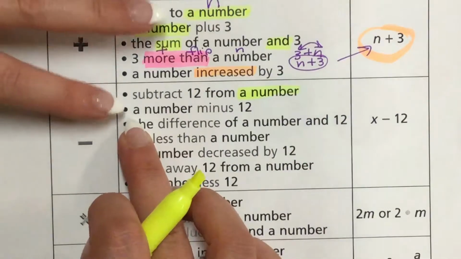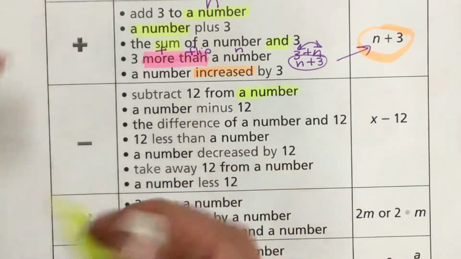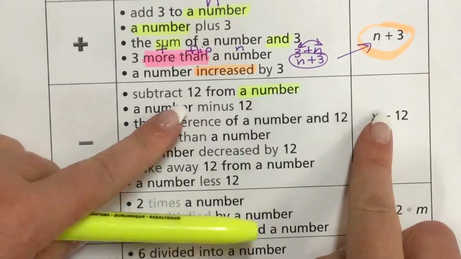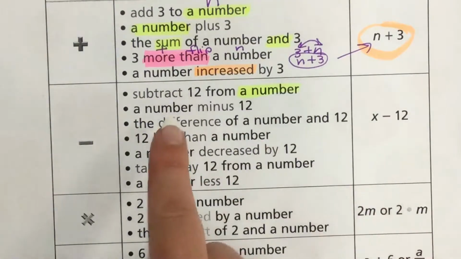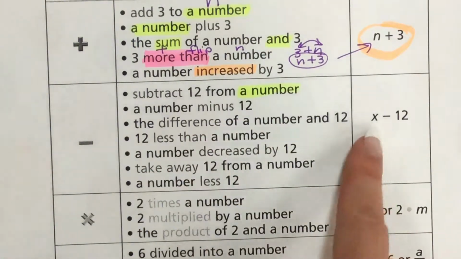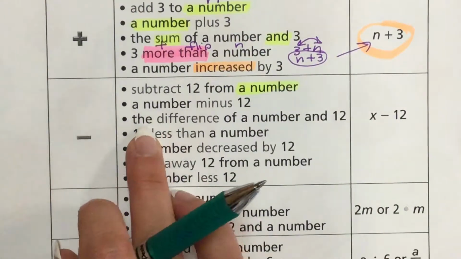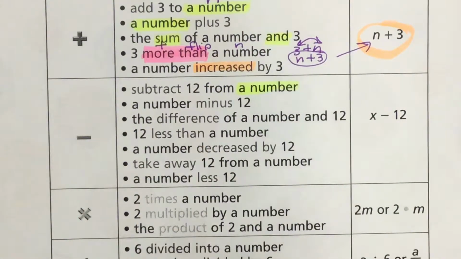The next one is pretty straightforward. A number, that is our n, minus 12. Or I guess they're not using n now, they change it to x. So we have x minus 12. This one right here, the difference, that is another key word. The difference means, it's kind of like the sum.